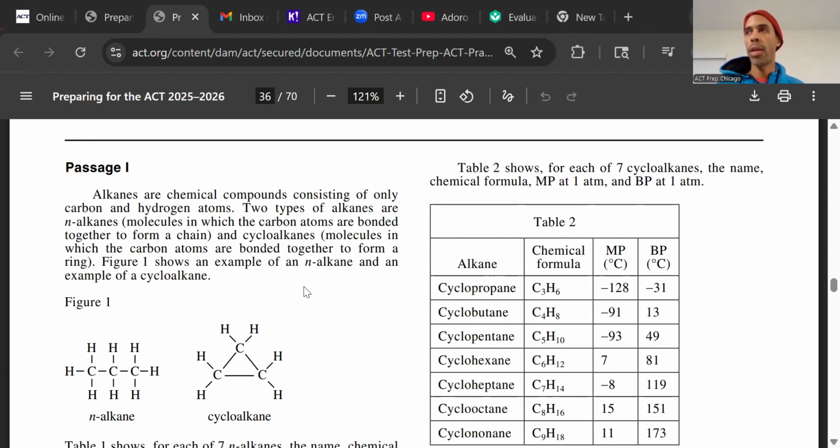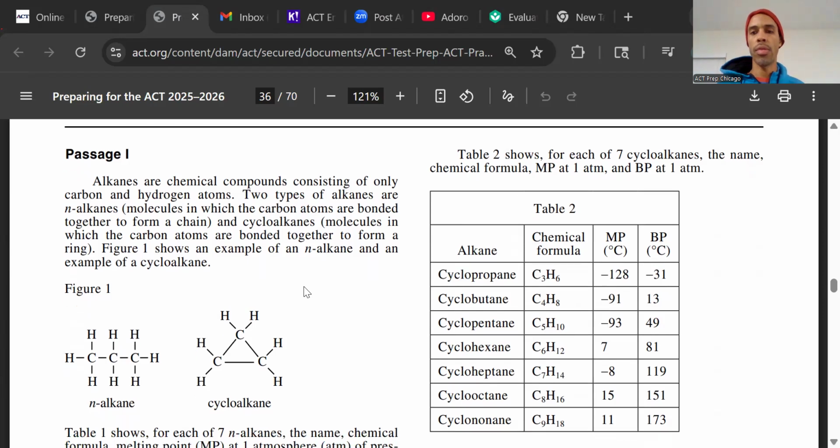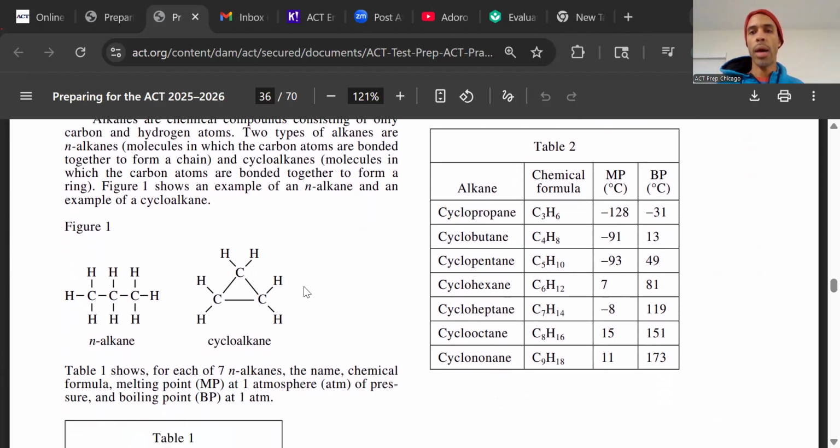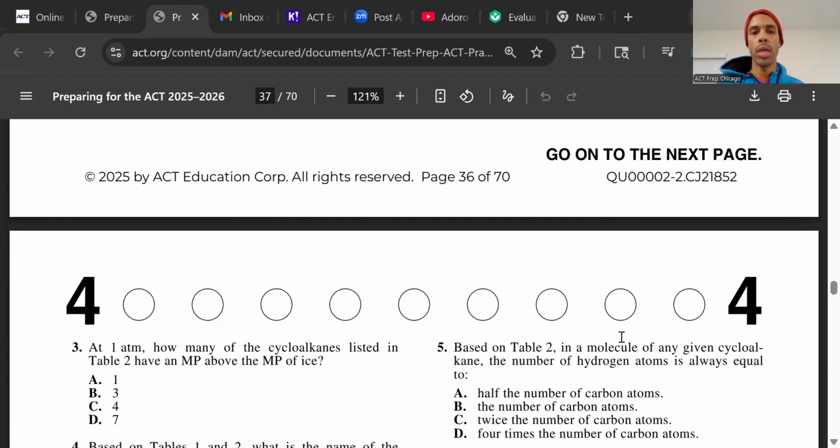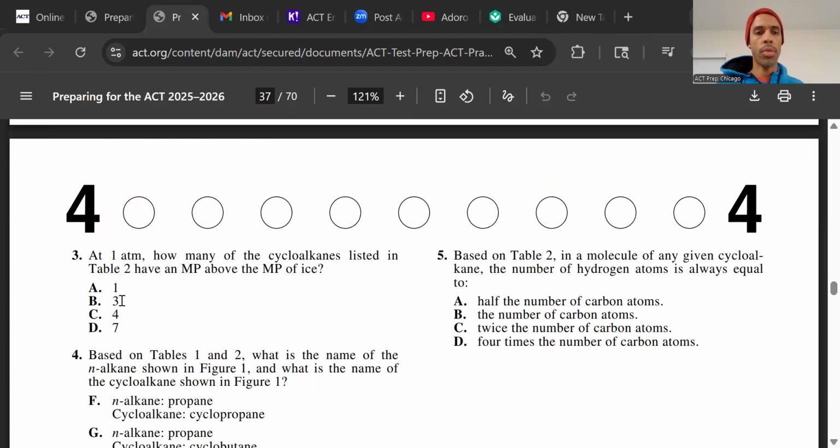So it's both, right? If you go from water to ice, you're freezing. If you go from ice to water, you're melting, right? So 0 degrees Celsius. So we're asking how many of these have a melting point that is above 0 degrees? Well, we've got here 7, 15, and 11. So it'd be 1, 2, 3. So it requires outside information to get that question. The answer to number 3 would be B, right?